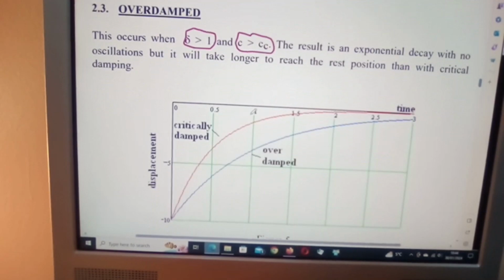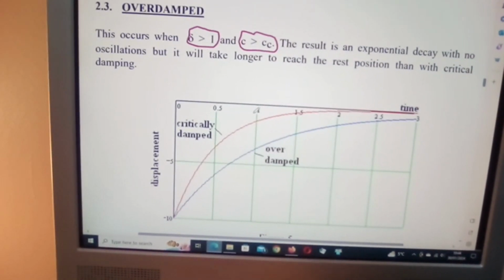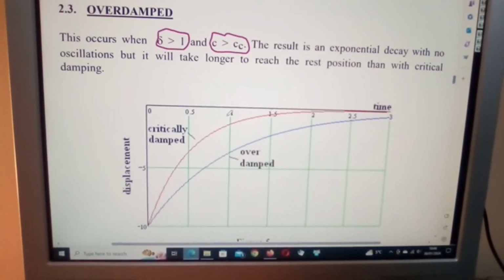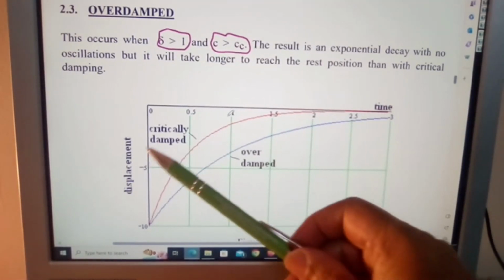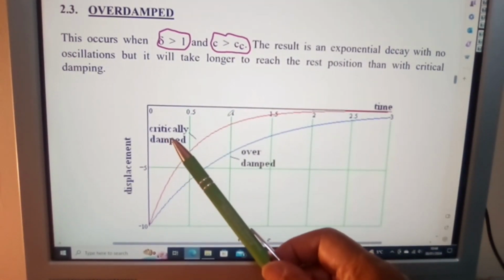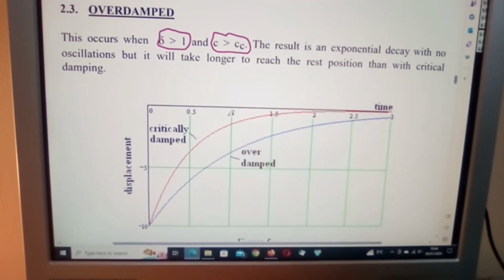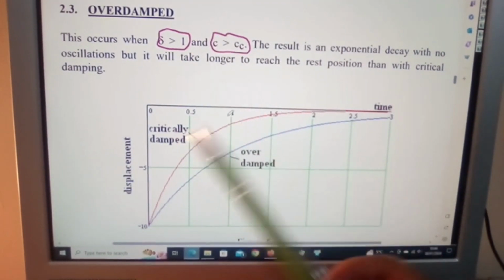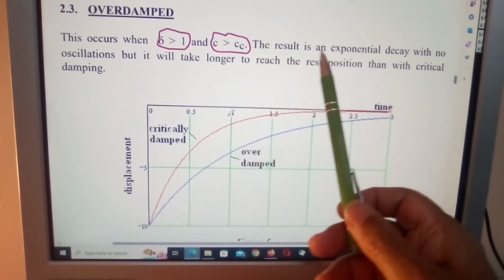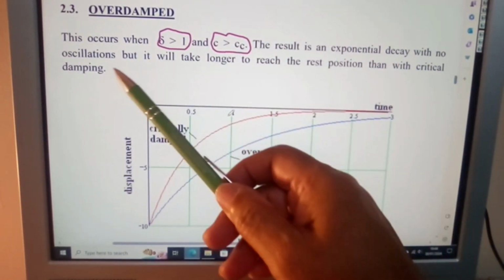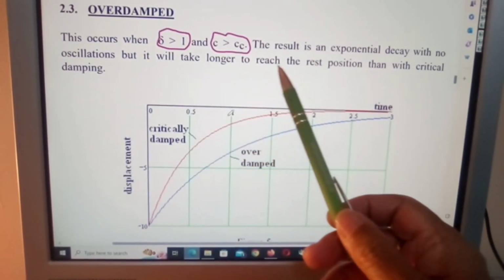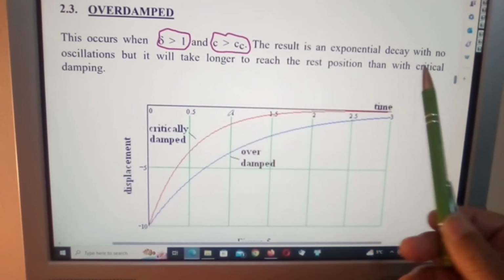Now overdamped. Here we have our graph, critically damped and overdamped. Overdamped occurs when deceleration occurs. The result is an exponential decay with no oscillation, but it will take longer to reach the rest position than with critical damping.